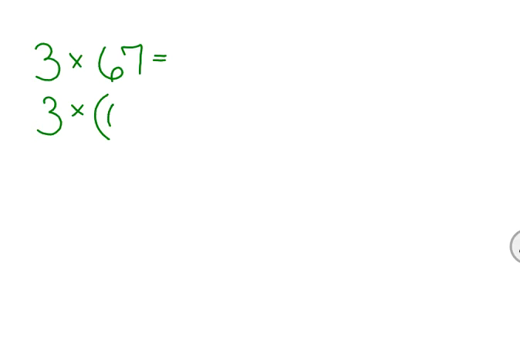So in my parentheses, I'm going to put 60 plus 7. Now that I put the 67 in expanded form, I can now distribute the 3. How we're going to do that is we're going to do 3 times 60, then 3 times 7.